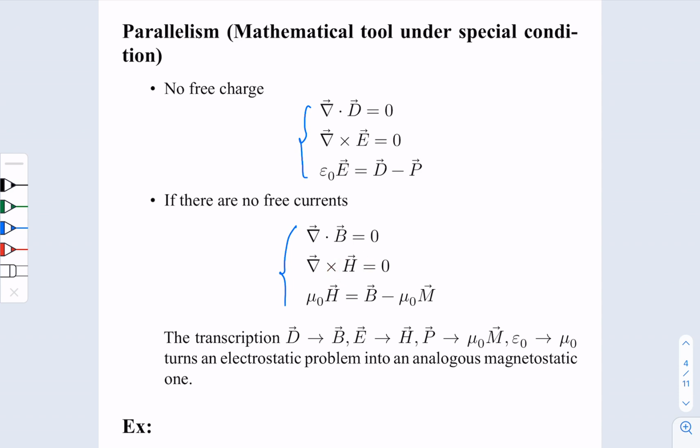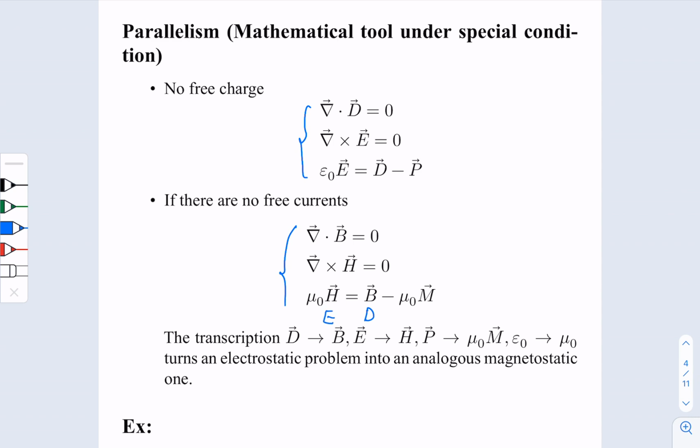And now if we do this replacement, D becomes B, so B and D are equivalent, and E and H are also equivalent.